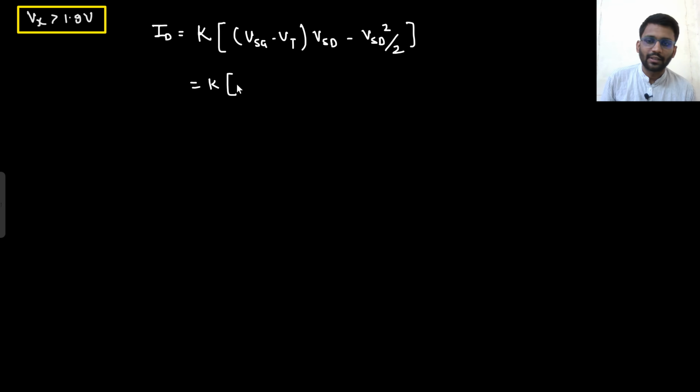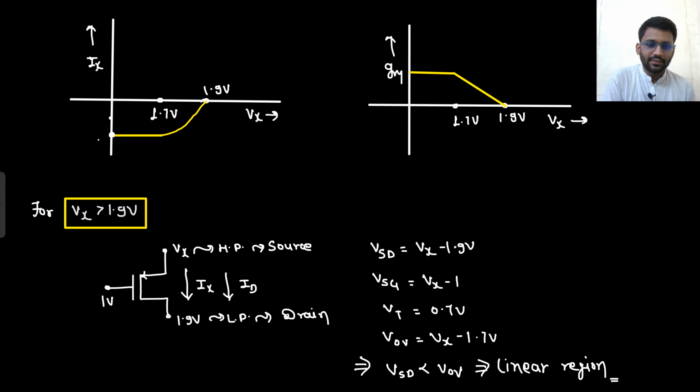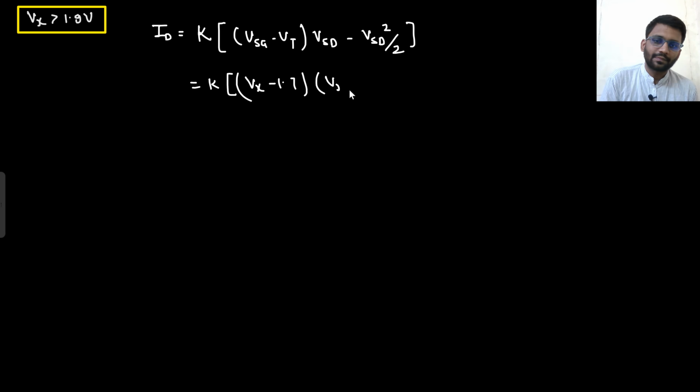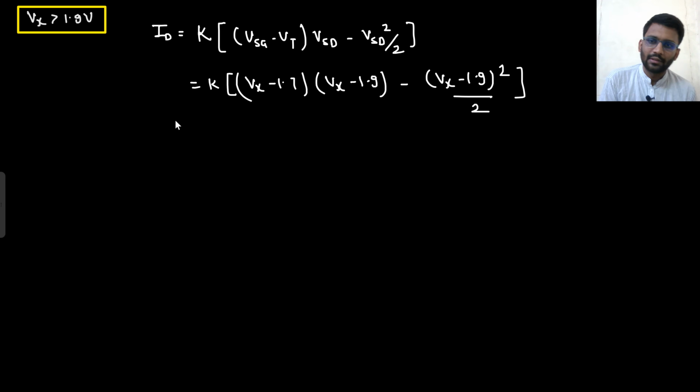That is V overdrive, Vx minus 1.7, into VSD, which is Vx minus 1.9, minus Vx minus 1.9 whole square by 2. This is your ID or Ix expression. Now the expression looks very complex.